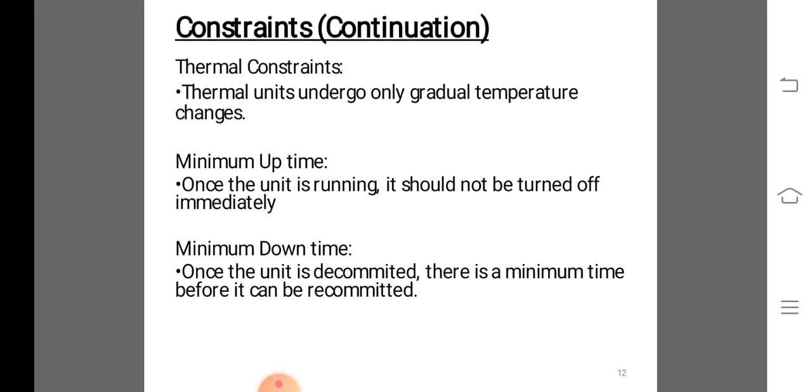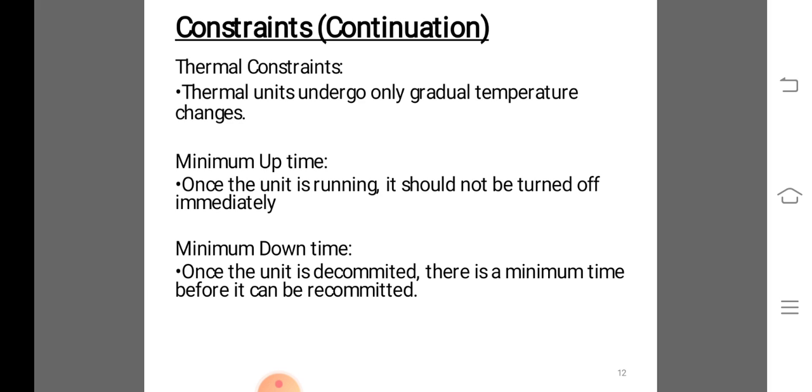A thermal unit can undergo only gradual temperature changes, and this translates into a time period of some hours required to bring the unit online. As a result of such restrictions in the operation of a thermal plant, various constraints arise, such as minimum uptime, minimum downtime, and crew constraints.